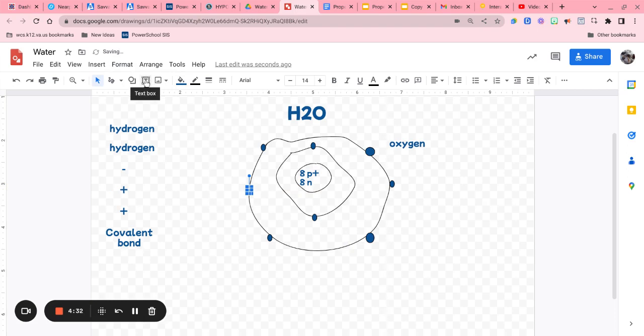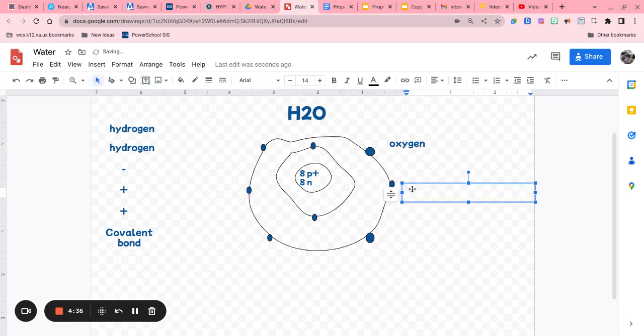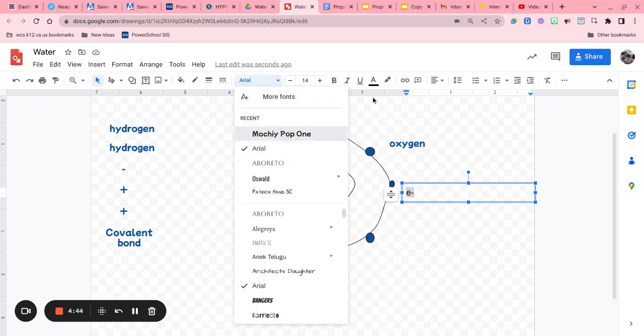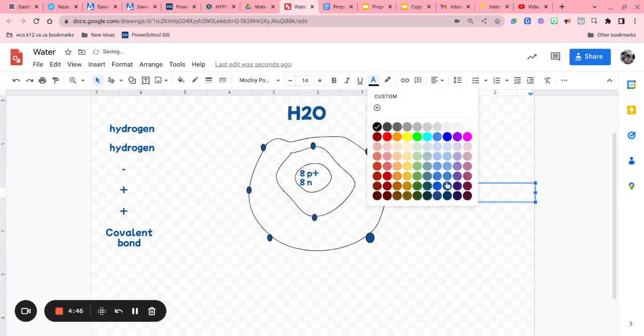And then just for good measure, out beside of it, we'll put in that these are electrons. So that's a little e with a negative sign beside of it.